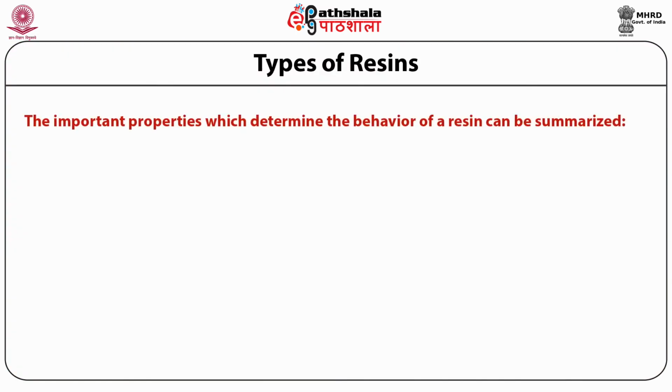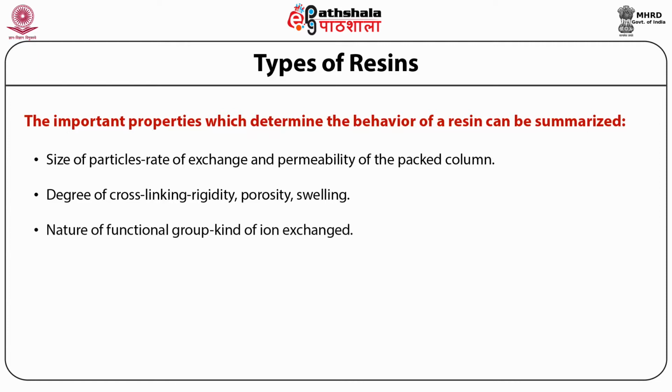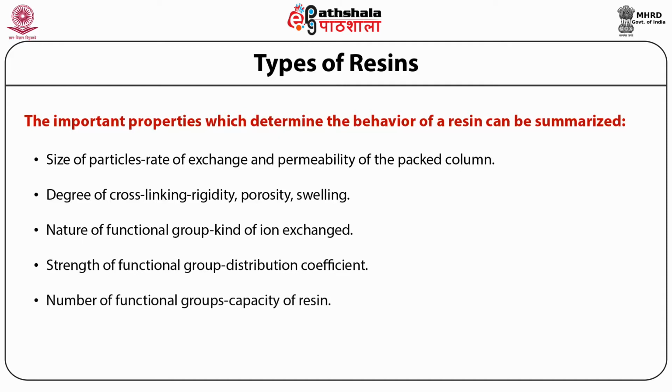The important properties which determine the behavior of a resin are size of particles, rate of exchange, and permeability of the packed column, degree of cross-linking, rigidity, porosity, swelling, nature of functional group, kind of ion exchange, strength of functional group, distribution coefficient, number of functional groups, capacity of resin.